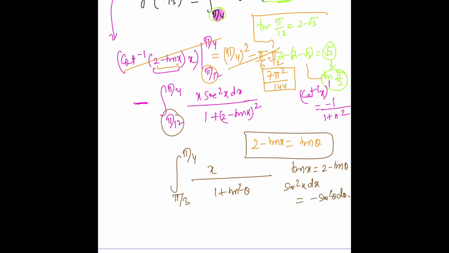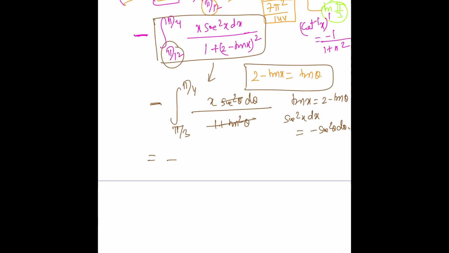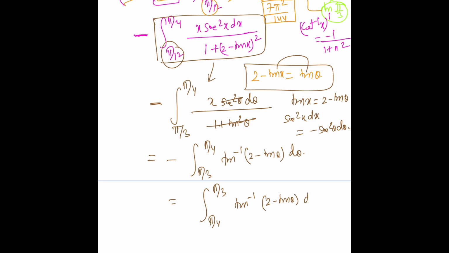So plugging in this value, the given integral evaluates to minus the integral of secant square theta d theta into x. Now secant square and 1 plus tan square get kicked off. We have minus of the integral from pi by 3 to pi over 4, and x, as you can see, is tan inverse of 2 minus tan theta d theta. So this limit became pi by 4 to pi over 3 of tan inverse of 2 minus tan theta.